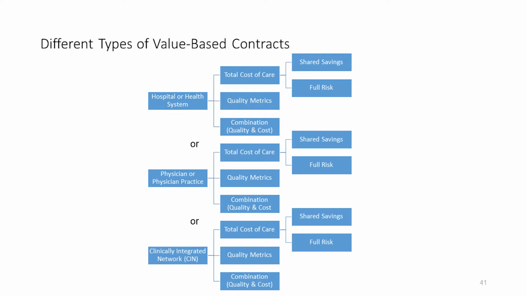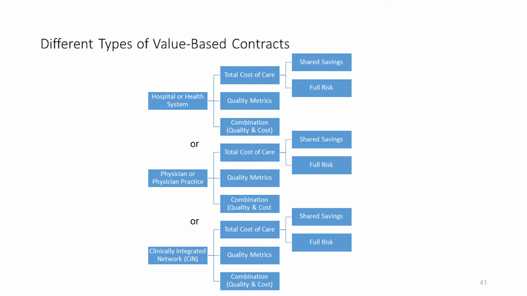Once that cost is reduced, there's a shared savings based off of the risk. So you can be full risk or partial risk. And then if that cost is reduced while also maintaining or exceeding quality metrics, there will be shared savings between the insurance company and the hospital system.